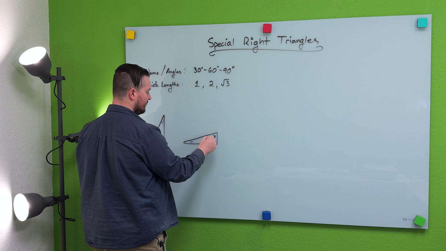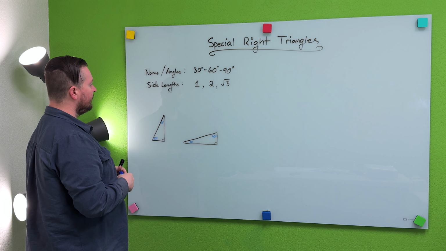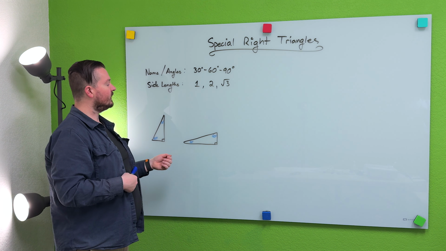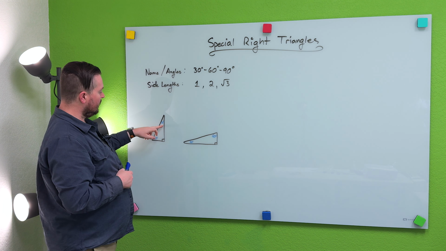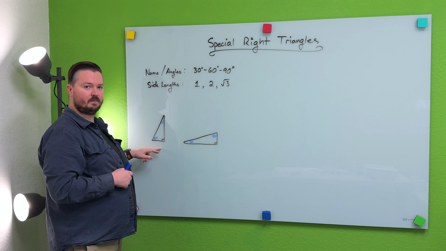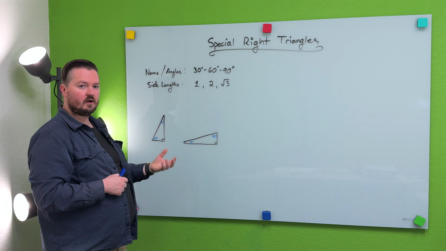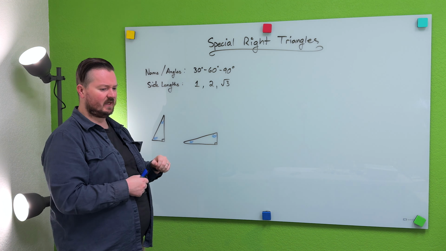The middle corner has the middle angle, largest has the largest. Now, the same convention is true in these triangles as with any triangle. The smallest angle is always across from the smallest side of the triangle. So the largest angle is going to be across from the largest side.